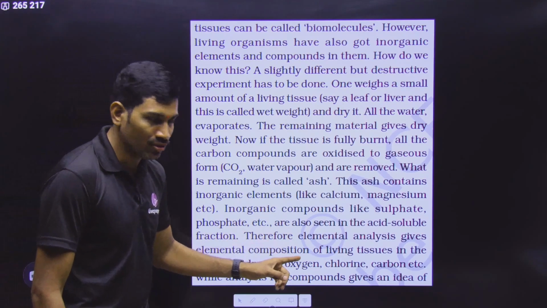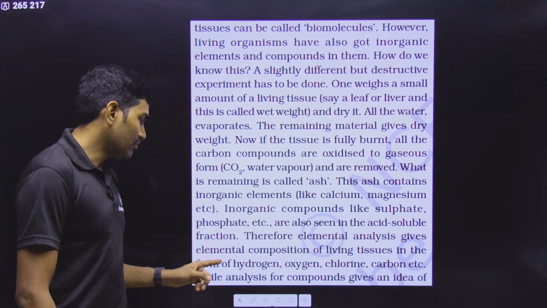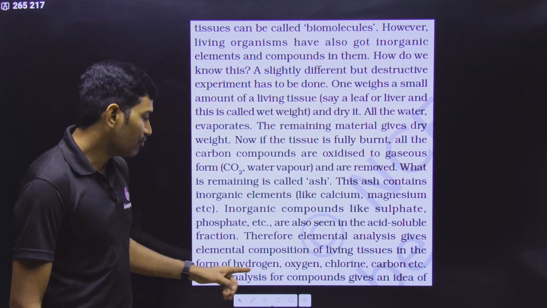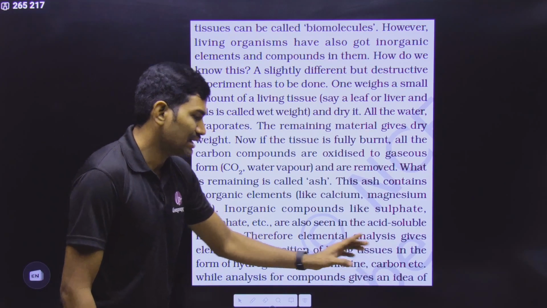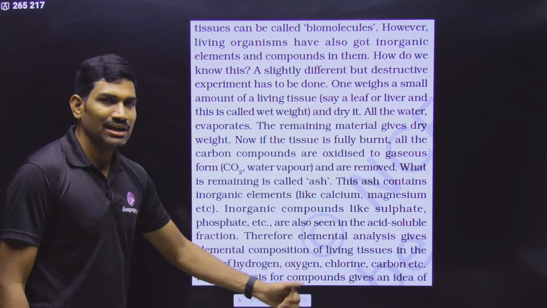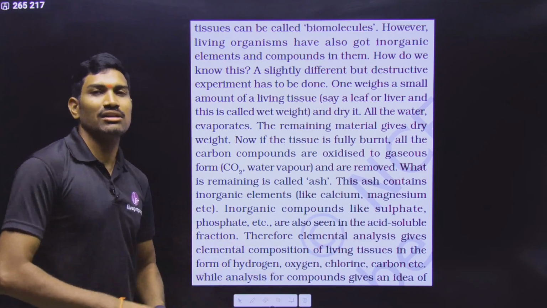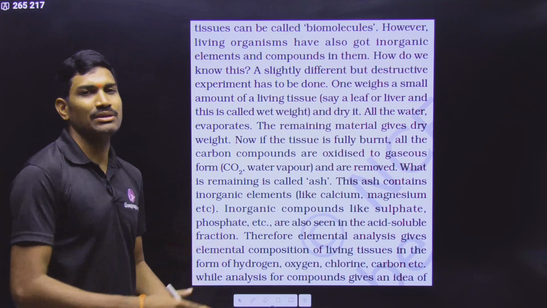Next one. Therefore, elemental analysis gives the elemental composition of living tissues in the form of hydrogen, oxygen, chlorine, carbon, etc. If you are doing elemental analysis, you will get the complete list of elements. If you are doing the compound analysis, that list of the various compounds present you will get.